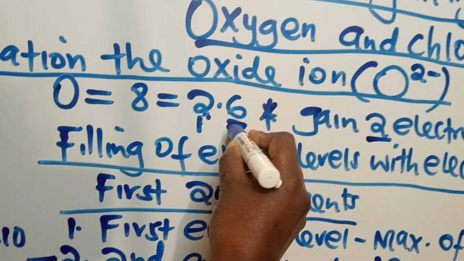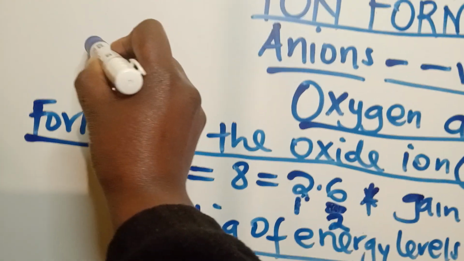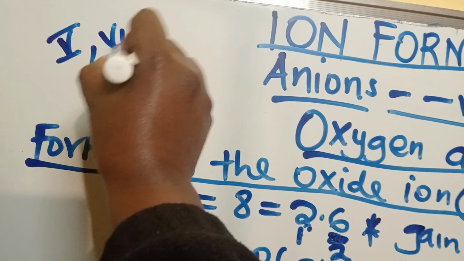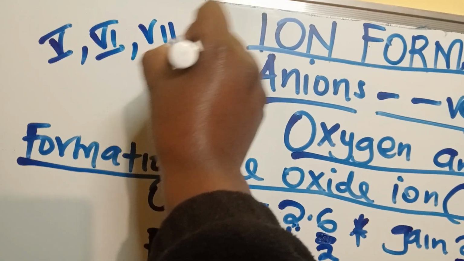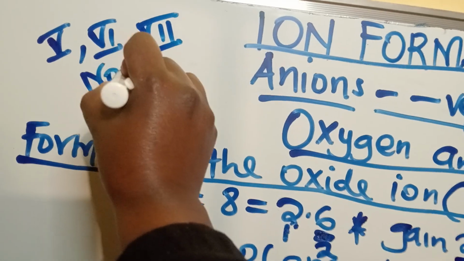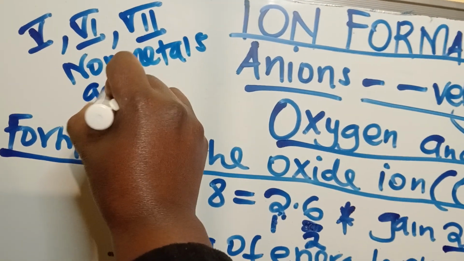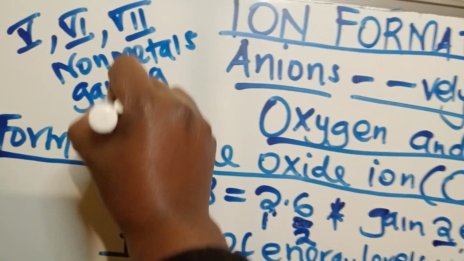And that is why I said last time that elements in group 5, group 6, and group 7 are nonmetals, and they react by gaining electrons.